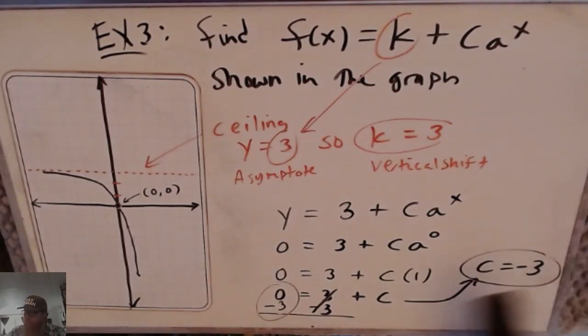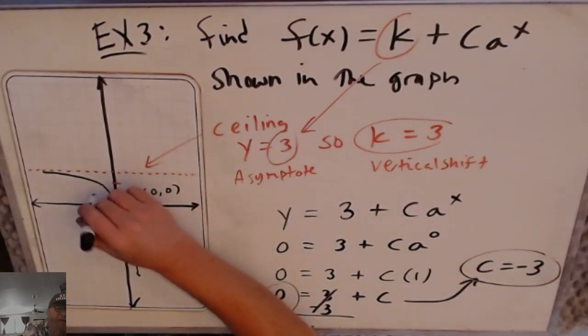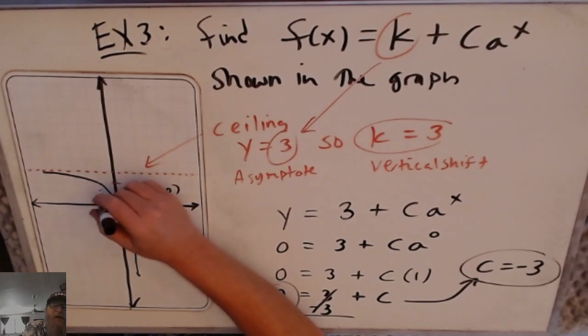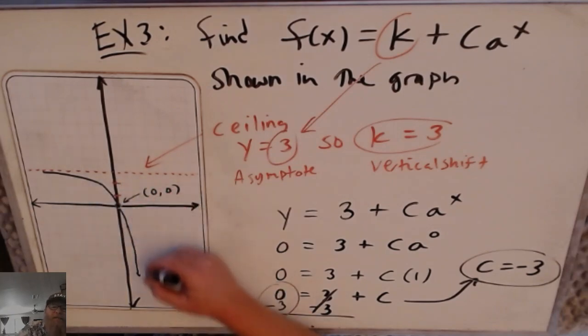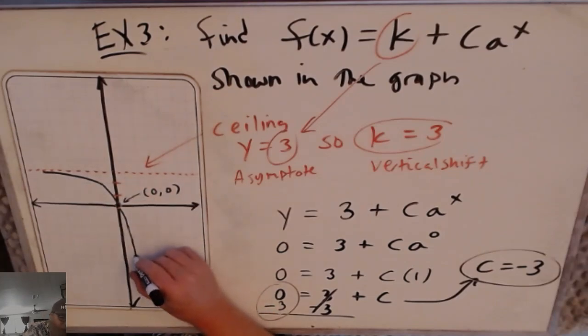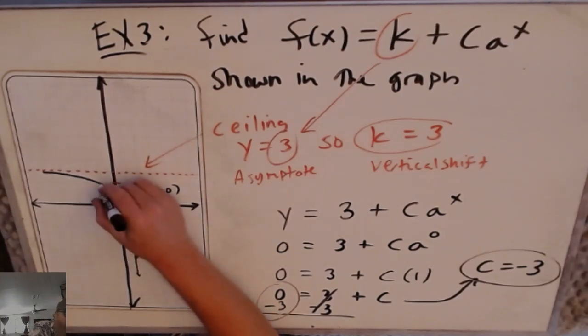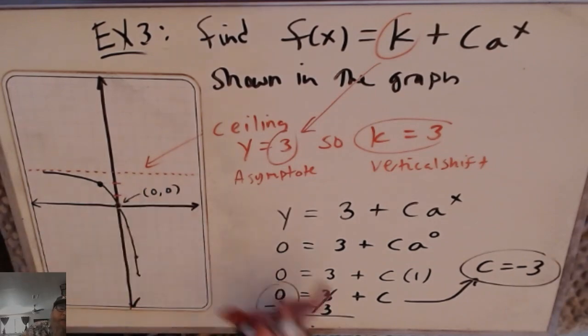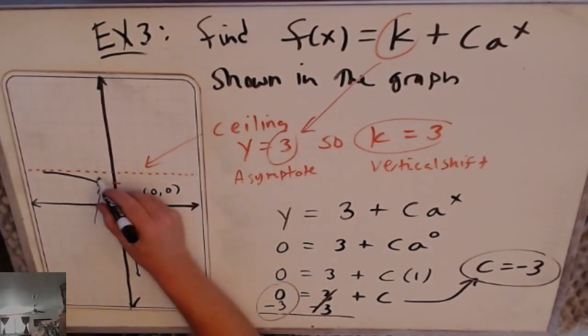Okay. Finally, pick a value that we haven't used already, something else on the graph. You've got lots of choices. You can pick a point down here. You can pick a point over here. It really doesn't matter. It should be a new point.